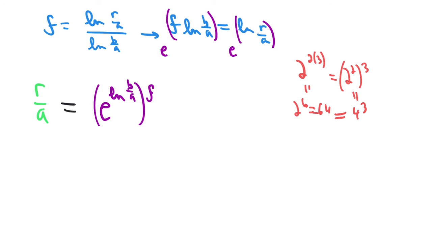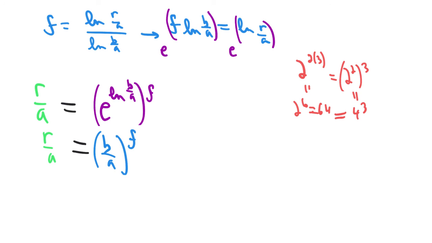Going back to what we had, we've swapped the order of the exponents, and now I have e to the log b over a, which is going to be something neat, because e to the log b over a is just b over a, still to the f power. So the analytic answer that we eventually wanted was that.